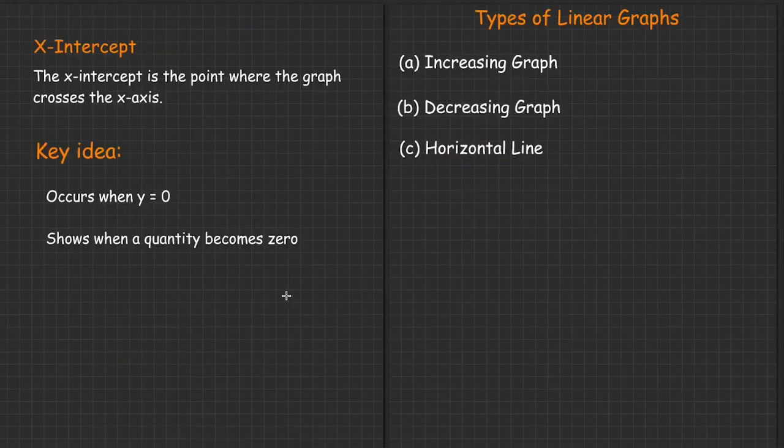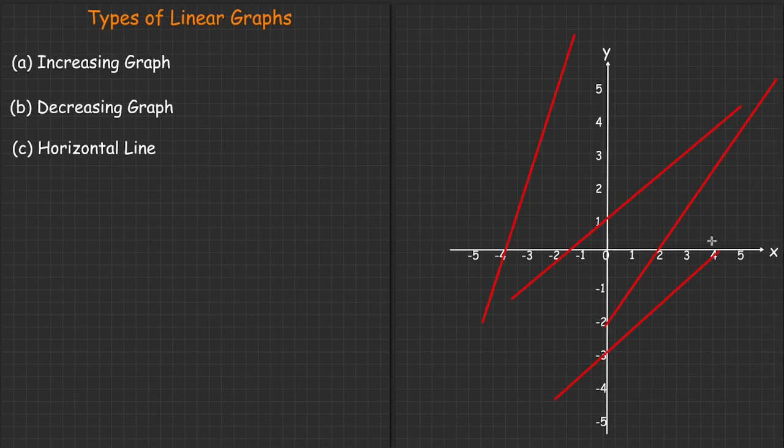So talking of the types of linear graphs, we'll look at 3. We have the increasing, the decreasing, and the horizontal graph. For the increasing graph, as you can see on our right hand here, all these lines slope upward from left to right.